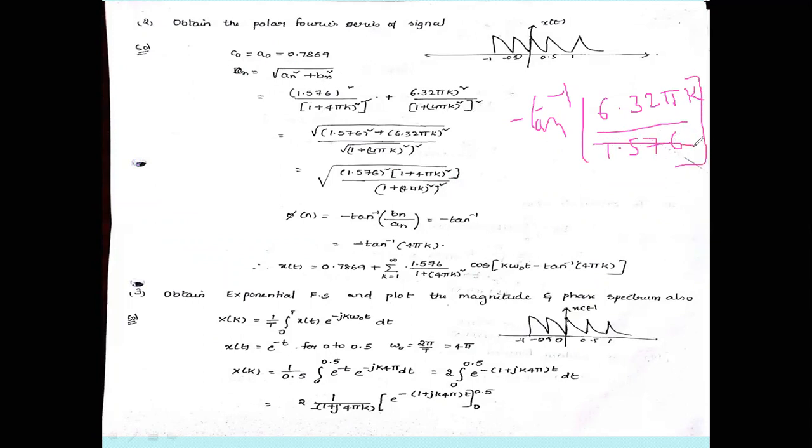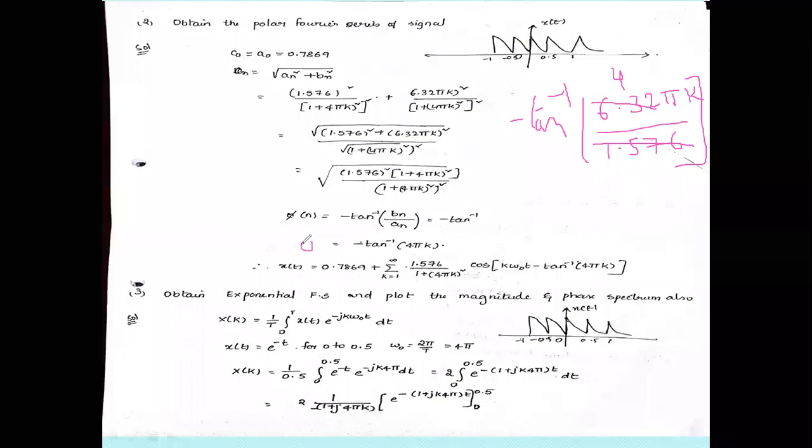See, 1.576 times 4 gives you 6.32. You can use the calculator, you can find out 4 into 1.576 is nothing but 6.32 only, my dear students.